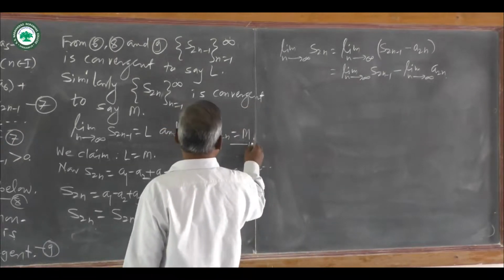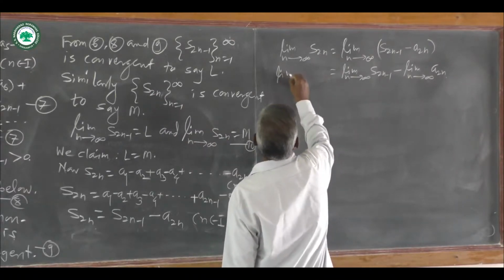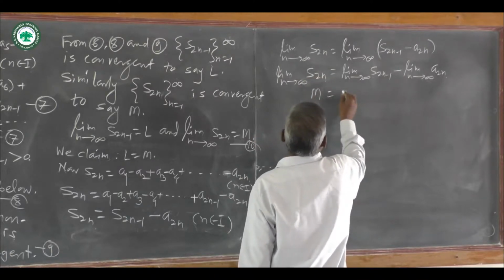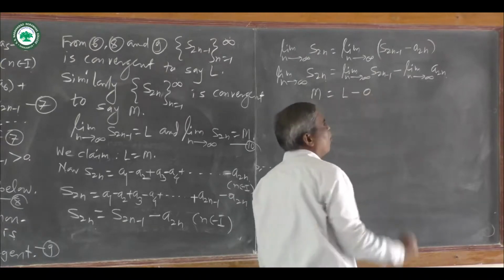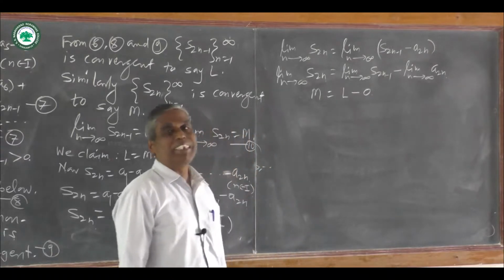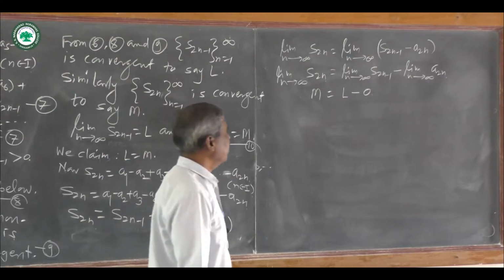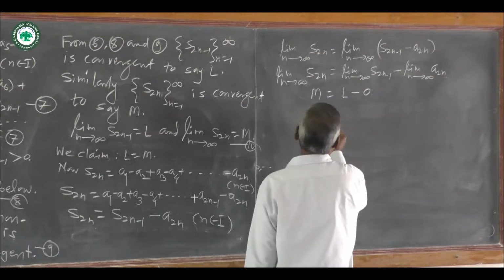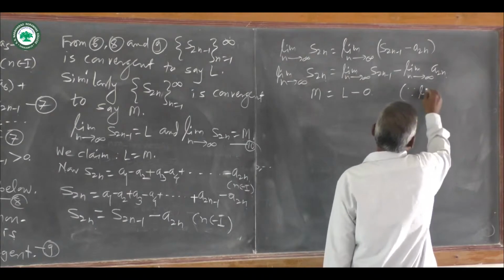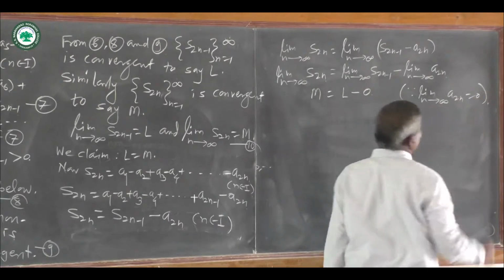This is say 10. From equation 10, limit n tends to infinity of S suffix 2n is equal to M is equal to L minus 0 by theorem 3 on convergence and divergence of series. Therefore, M is equal to L, since limit n tends to infinity of a suffix 2n is equal to 0.